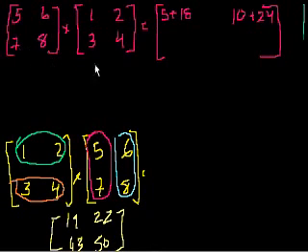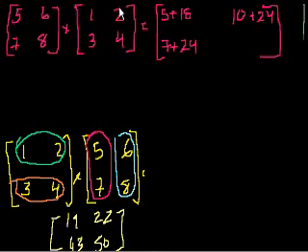Now we're down here for the second row. So the bottom left element is going to use this row and this column. So this is 7 times 1 plus 8 times 3. 8 times 3 is 24. And then finally, to get this element, we're essentially multiplying this row times this column.